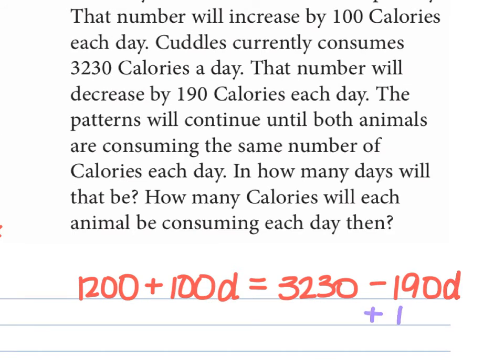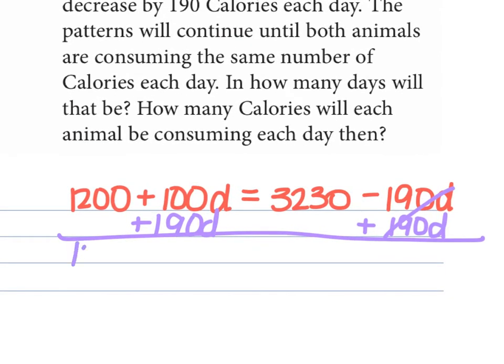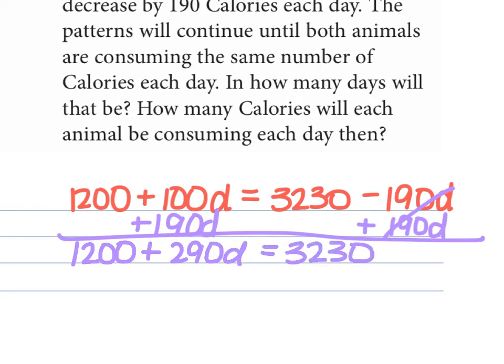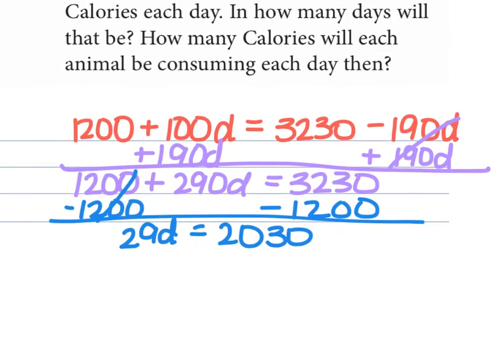So I'm going to add that 190D to both sides, and I'm going to be left with 1,200 plus 290D is equal to 3,230. I'm going to move that 1,200 over by subtracting it from both sides. I'm going to be left with 290D is equal to 2,030.